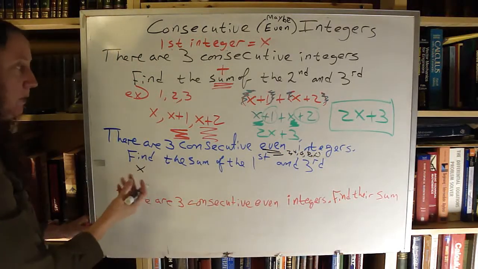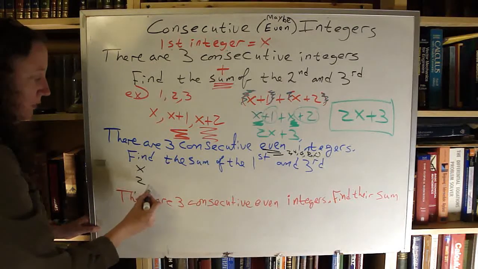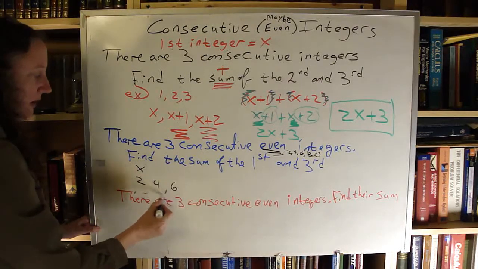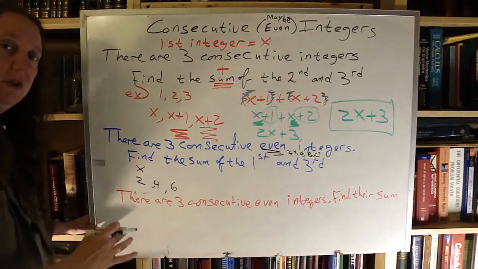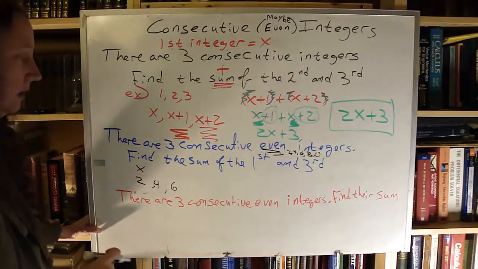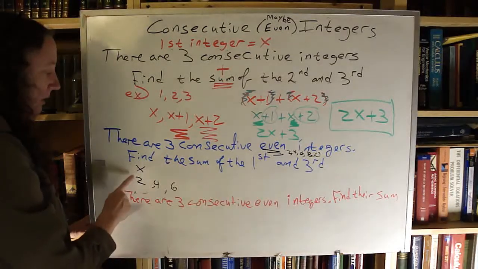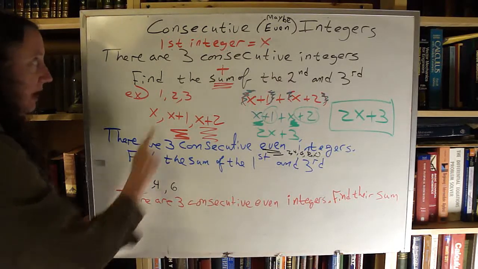So as an example of even integers, I have 2, 4, and 6. They're the 3 simplest even integers that there are. So my first integer is x.